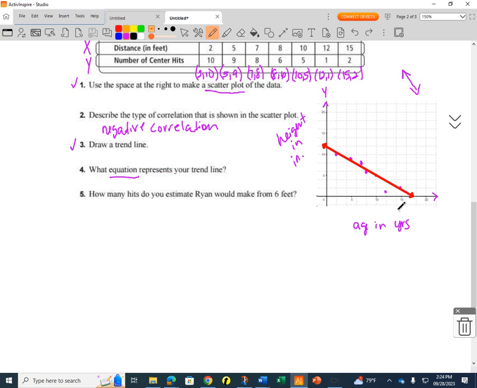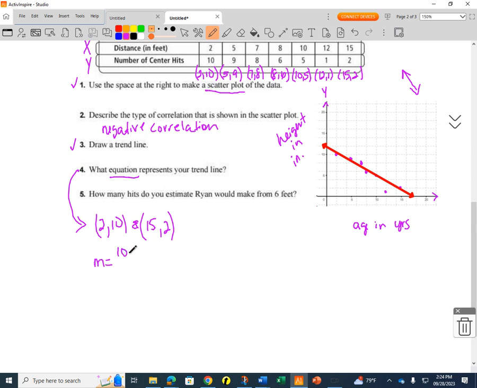So I'm going to pick 2 points that I drew my trend line through. So we're going to say 2, 10 and 15, 2. So those are my 2 points that I'm going to use. I'm going to find the slope of my trend line by using the slope formula, y minus y over x minus x.